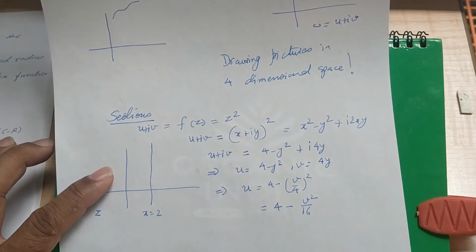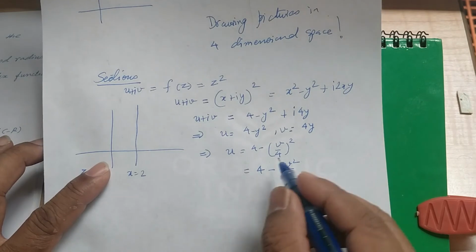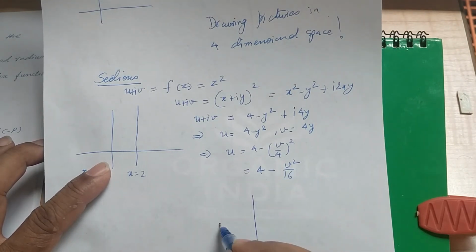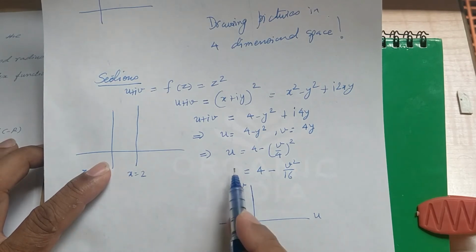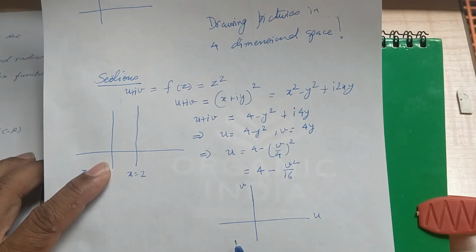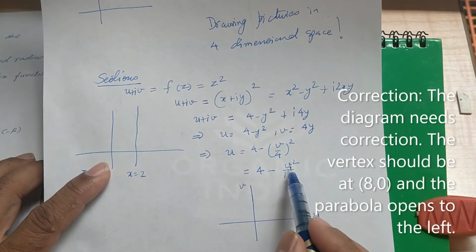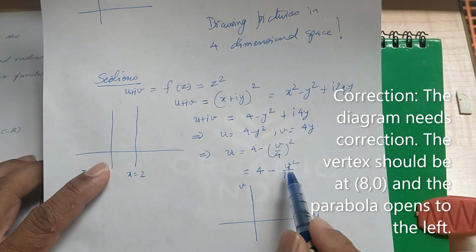So when you look at this, what kind of geometric object do you get? If you look at the uv plane, this is the u-axis, this is the v-axis. Clearly, this is a parabola opening downwards. If you put v as 4, v² is 16. If you put v as 8, v² is 64.